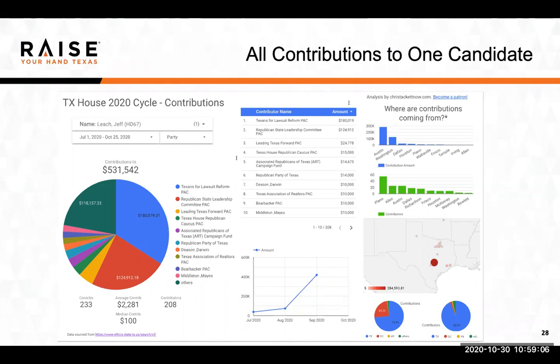So you can look at the values that they gave under the chart that says contributor name. And again, looking at where they came from geographically, what the average contribution is, what the median is, and how many contributors there were during that time period.